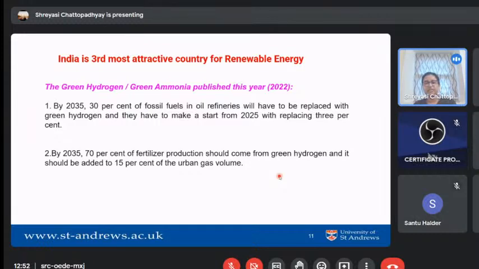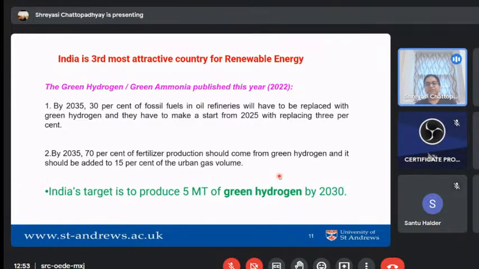And another point, if you are not aware: for fertilizer production, the main constituent is ammonia, and the production of ammonia also needs hydrogen. So another target is set that 70% of fertilizer production should come from green hydrogen by 2035.